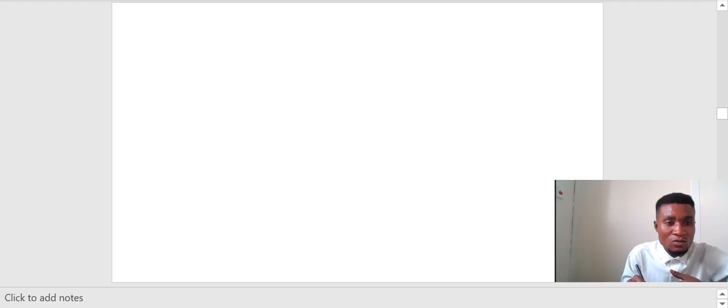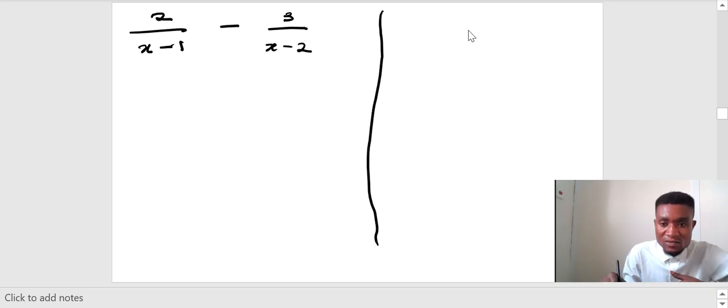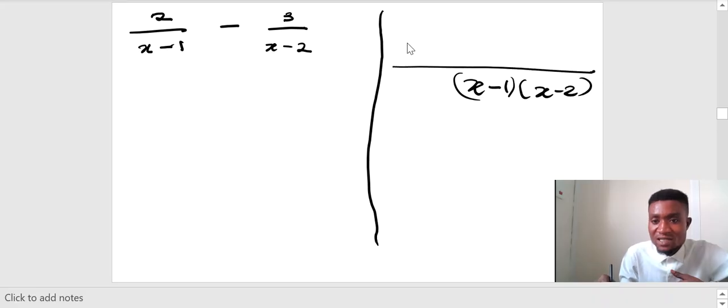So we are having 2 divided by x minus 1 minus 3 divided by x minus 2. If the LCM becomes x minus 1 and x minus 2, we divide the LCM by this denominator.